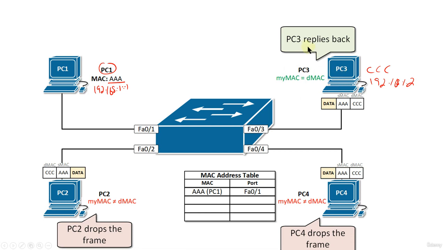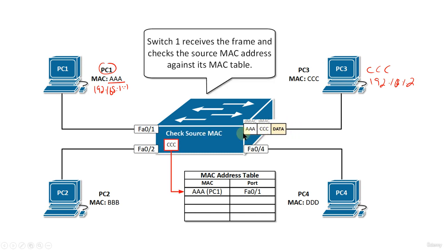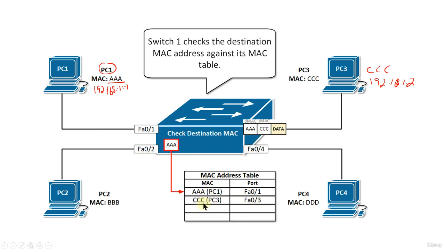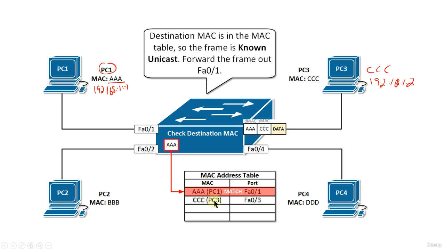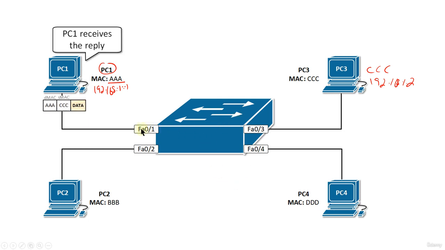So as you can see now, PC3 replies back with CCC as the source MAC address, and the destination MAC is going to be there. But before it hits the PC, the switch is going to check whether it has this MAC address in its CAM table. If not, it is going to fill it in as the source MAC address. Since the destination is already there, it forwarded the packet to PC1.